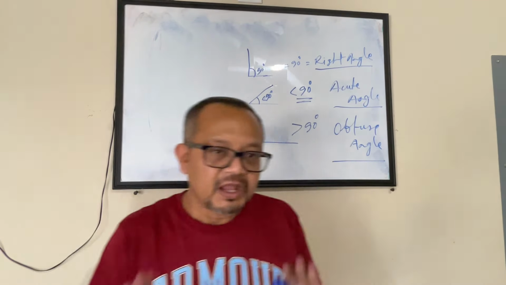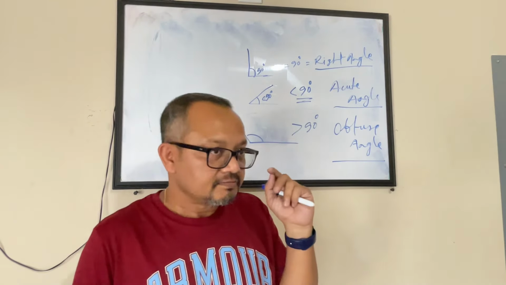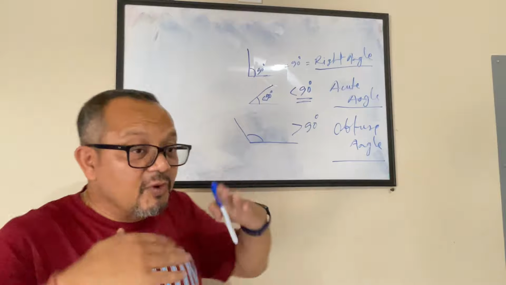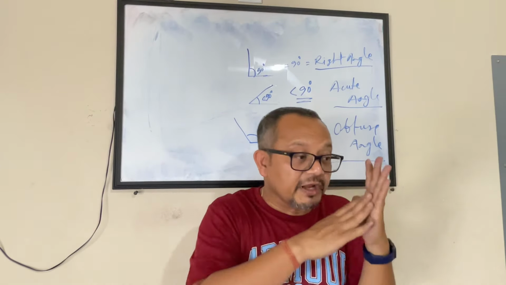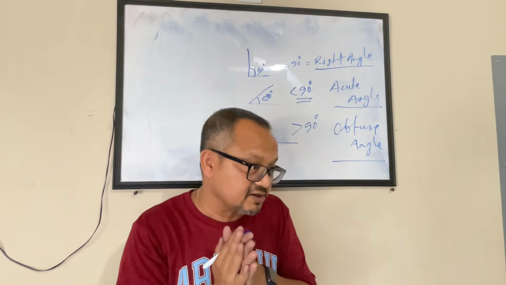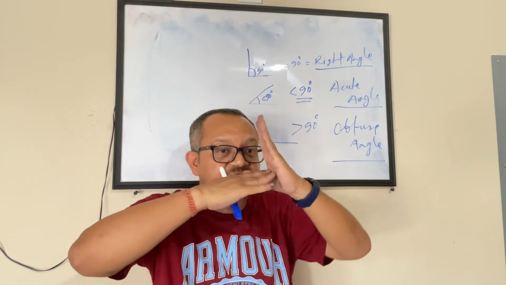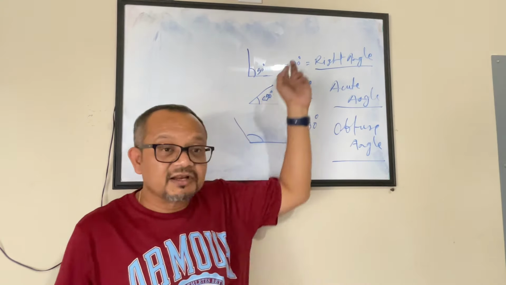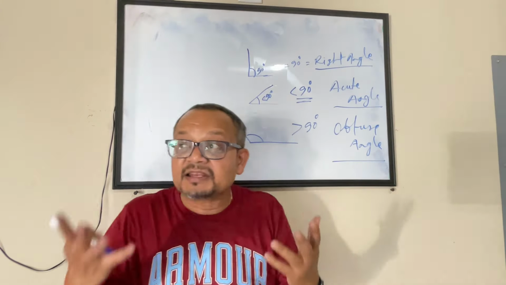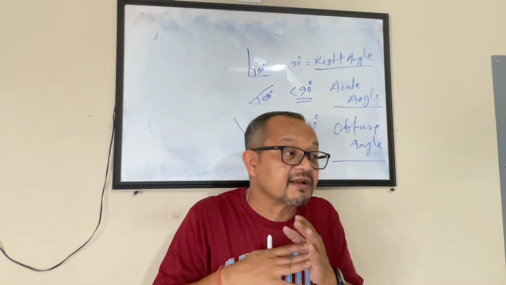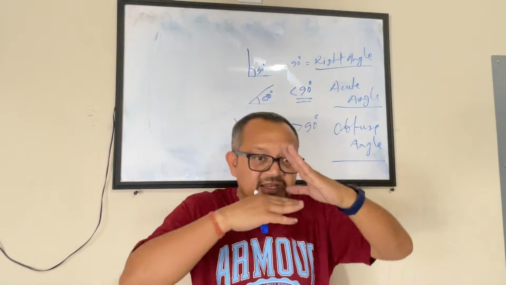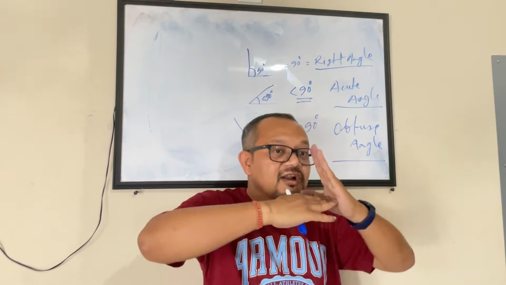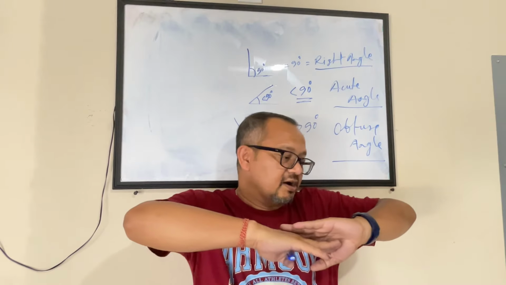Alright. We looked at line segments and rays. Then we looked at what happens when I have two lines or line segments dealing with each other. When they are leaning against each other, they make certain angles. Or the relationship when they are leaning against each other is called the angle.